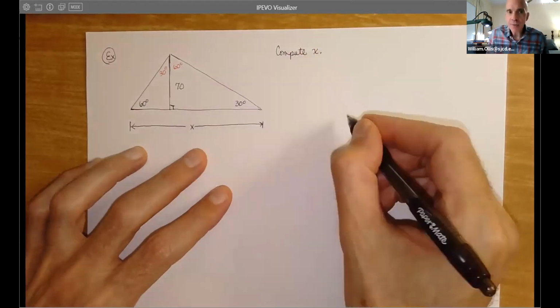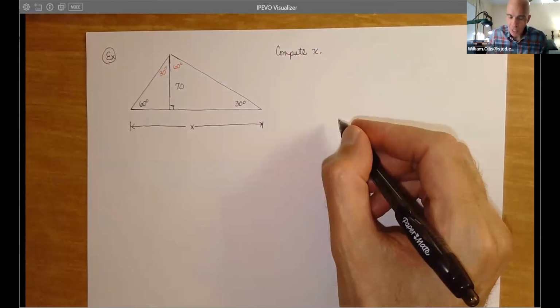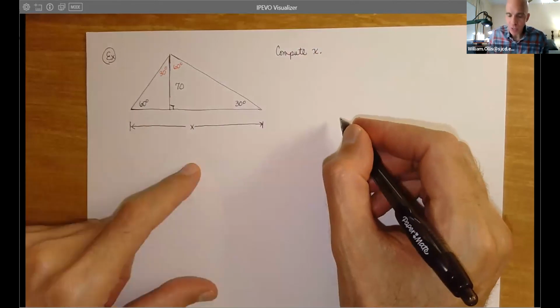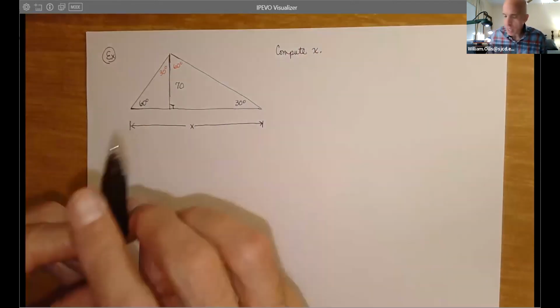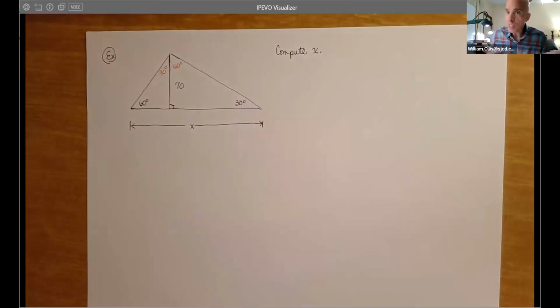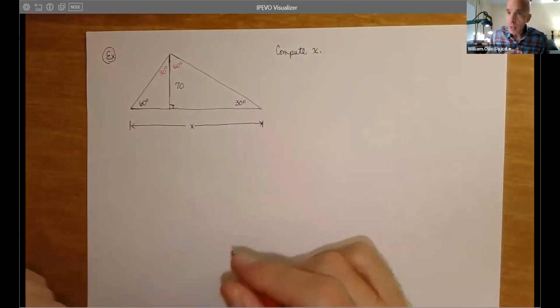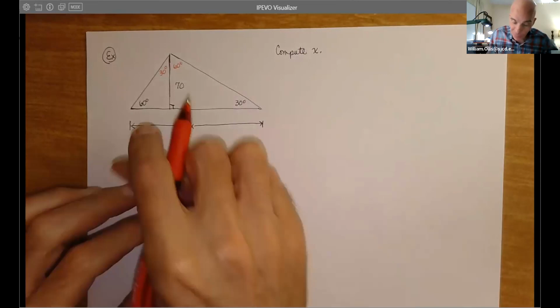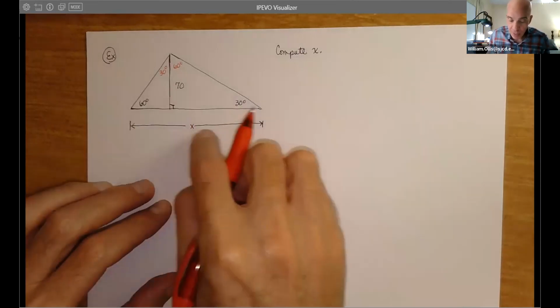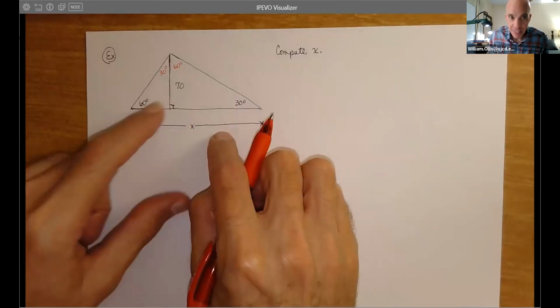Now, again, this is really a problem that utilizes the special triangles. We don't have to worry about the trig functions if we don't want. So let's get some practice with the special triangles. So notice, in order to do this, we just need to find the length here and the length here.